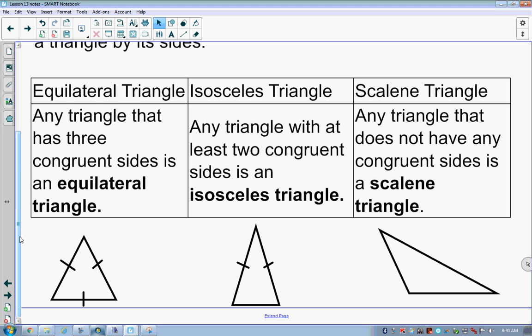For instance, a 3, 4, 5 right triangle is scalene. It can be isosceles. The only thing that a right triangle can't be is equilateral, because by definition that hypotenuse has to be longer than either of the other two sides. Does that make sense? Okay.